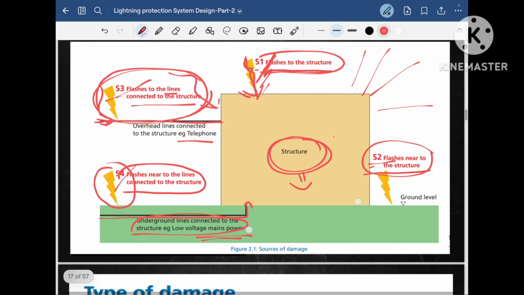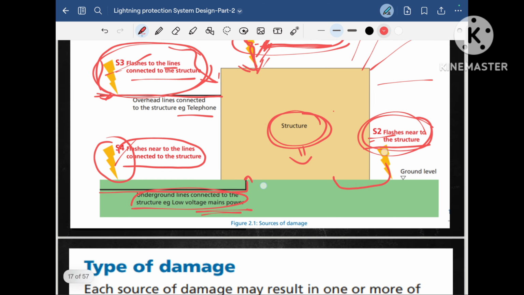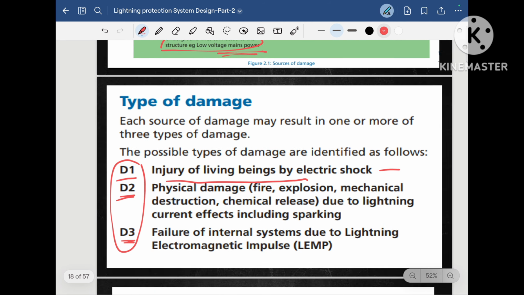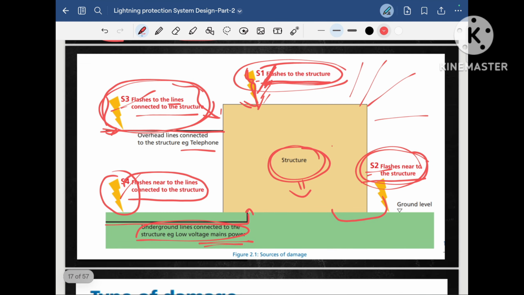But here I have one question. It is not only because of S1. Suppose lightning strikes near our project, S2 type, and there is electromagnetic induction, here it's mentioned electromagnetic impulse, and it will damage the structure and collapse the project.